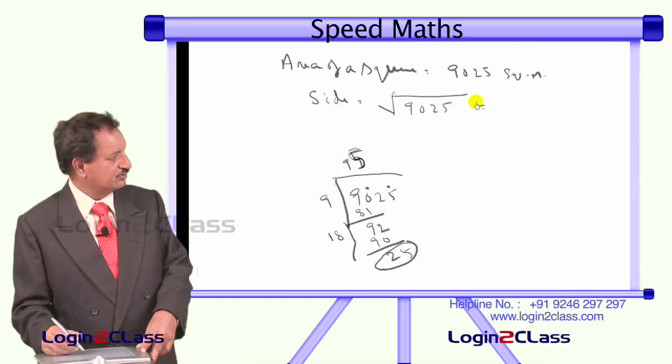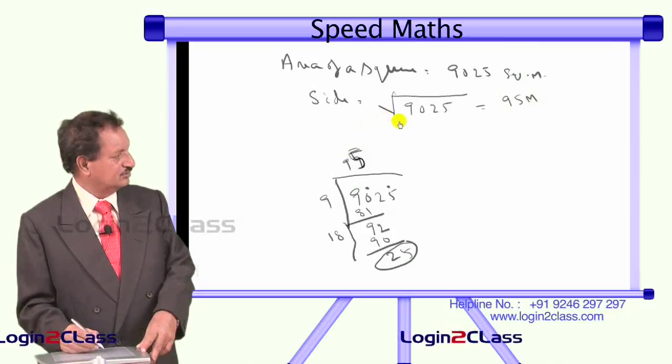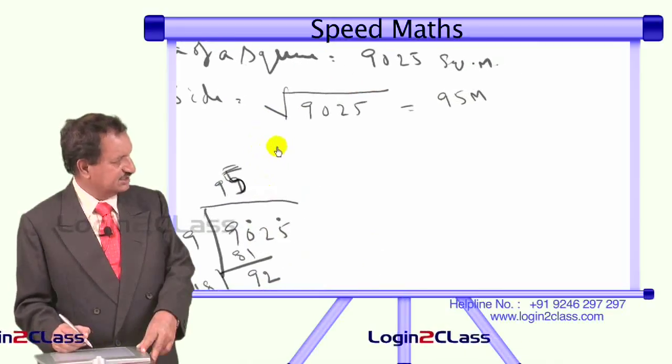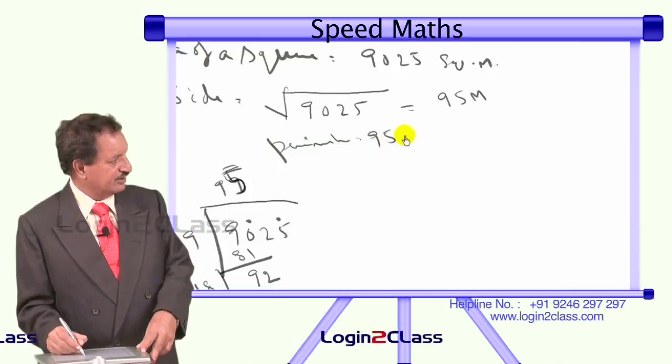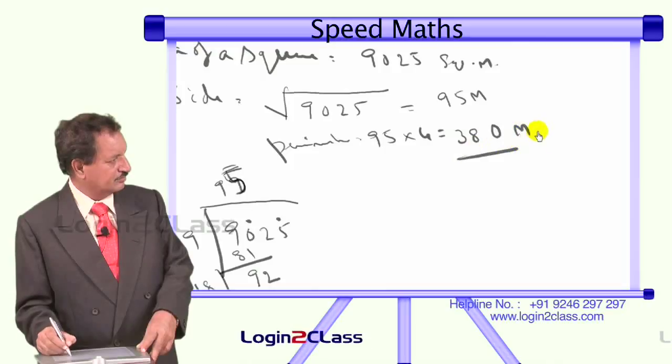So the square root of 9025 is 95 meters. Okay. So the square root can be found easily like this. Now he asks the perimeter. Perimeter is 95 into 4. This you can easily multiply. 4 5s are 20, so the answer is 380 meters.